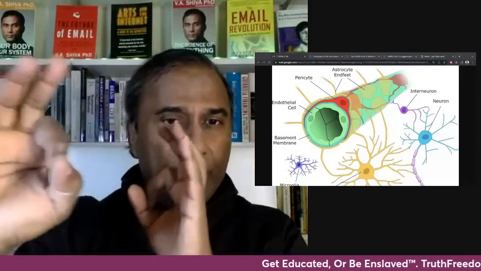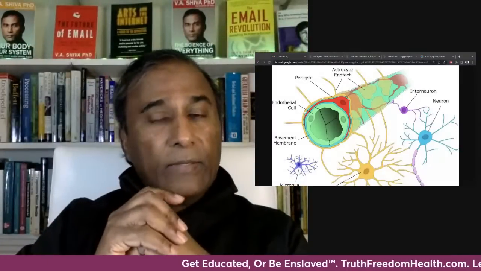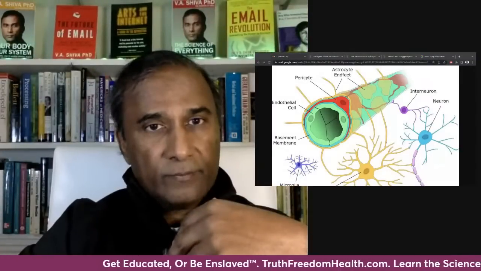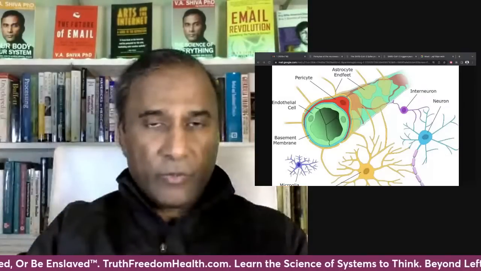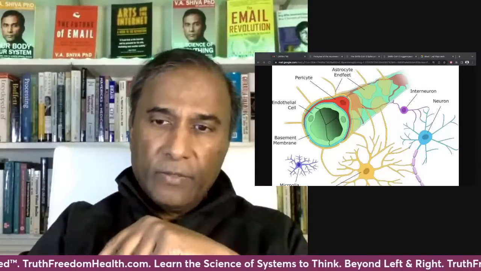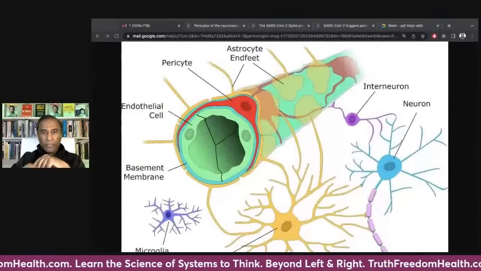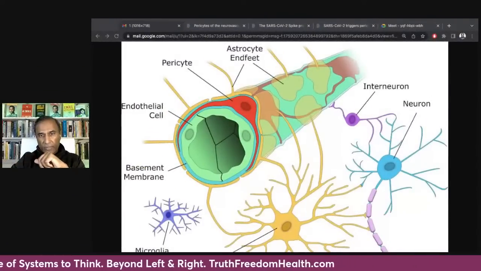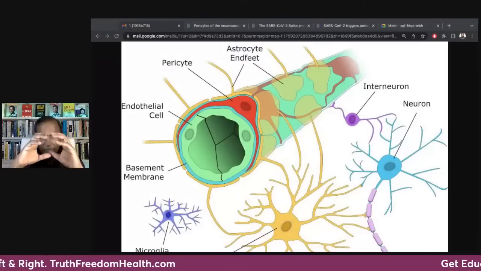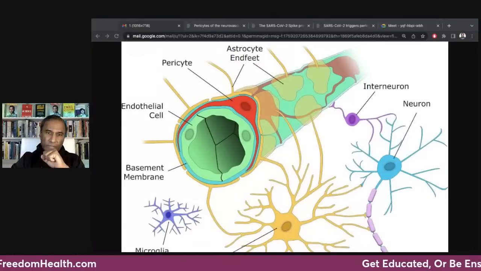But we're looking at a capillary. Now, the capillaries are in your heart. The capillaries are everywhere throughout your body, in your lungs, your liver, and your brain. And just to give you some background on this, when you look at the capillary, so here's the blood vessel, the capillary, and you look deeper into it, the inner surface of the capillary is composed of these cells.